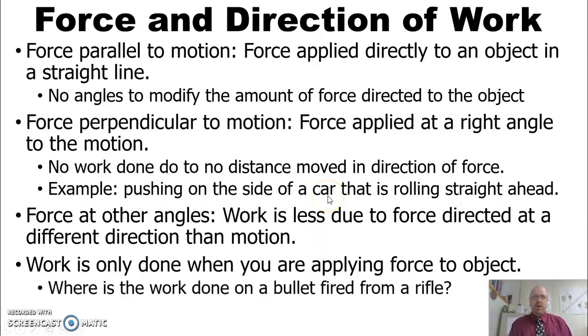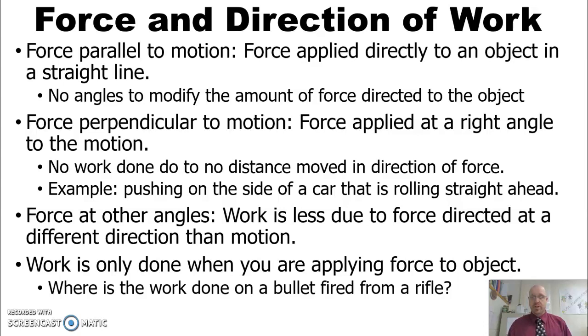So here's a question for you. Where is the work done on a bullet fired from a rifle? If we think about that, we have a shell with the bullet in it in the chamber. It's fired, and then the bullet is pushed. The force is done with the push as it's being pushed. But as soon as it exits the barrel of the rifle, there's no more force pushing behind it because the exhaust gases are expelled and dissipate once the barrel is gone.